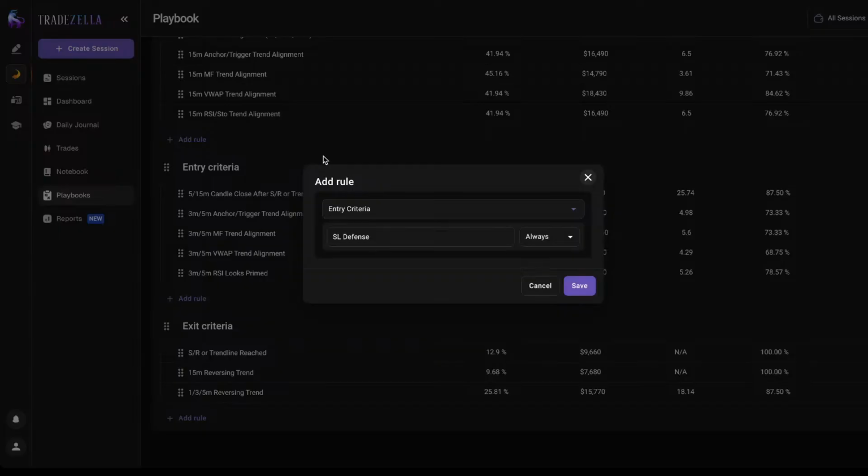It says: no entry allowed unless a reasonable defensive stop exists within my max risk. That's right. That's what we want. If I can't protect my downside within my own limits, I'm not allowed to enter the trade, no matter how good the setup looks. Exactly.